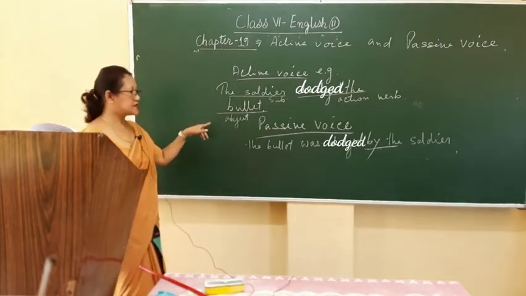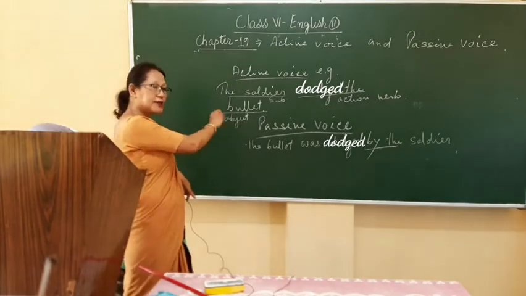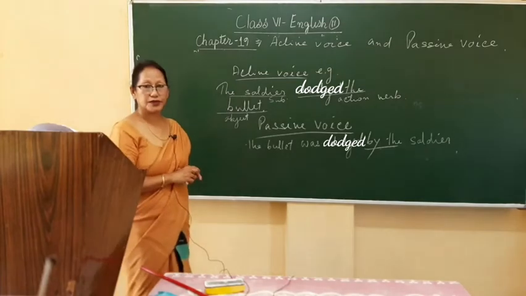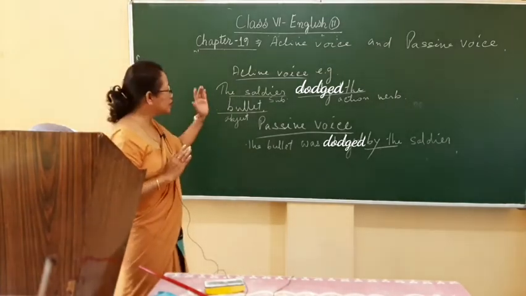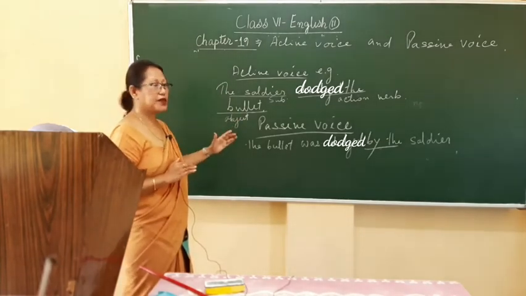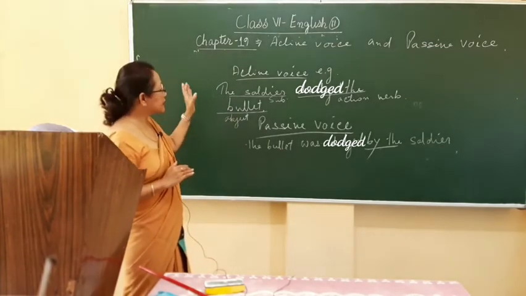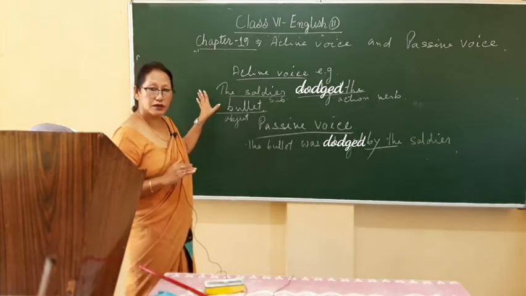So, this is active voice because in this sentence we are mainly focusing on the subject, that is the soldier. The soldier is the doer here. He is doing the entire action. So, he is the subject, and in this sentence we are focusing on the subject.